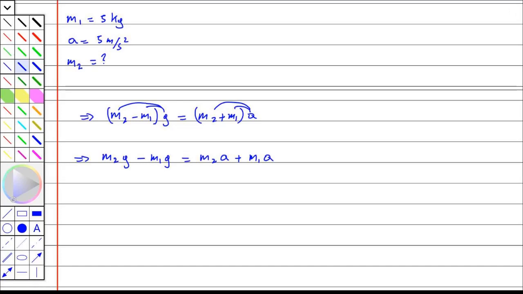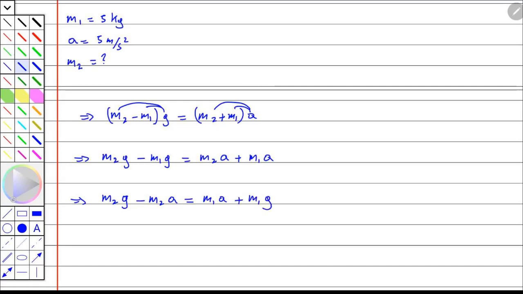And now we need to concentrate on the same side all the terms containing M2, our target. So in this case, we need to take M2G and leave it as it is, whereas M2A comes on the other side. So M2A, and then this is equal to M1A plus M1G.